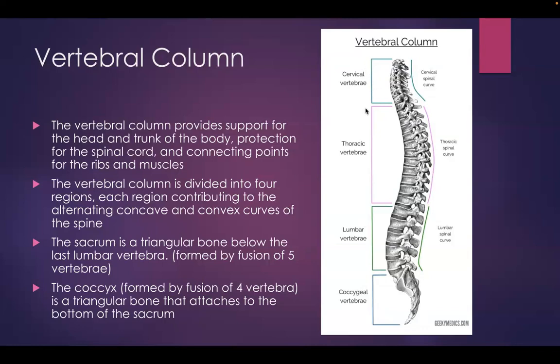So the different areas of the spinal cord: the cervical region, and we'll have to know the numbers on each. So C1 through C7, and then the thoracic vertebrae are T1 through T12, and the lumbar vertebrae are L1 through L5. Then you have the sacrum and the coccyx.